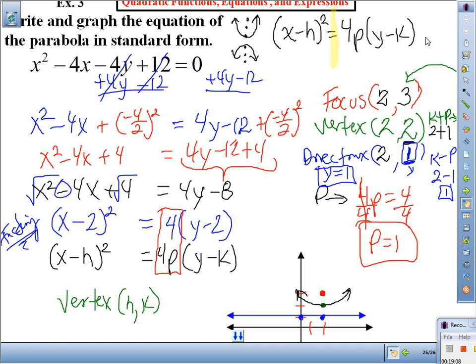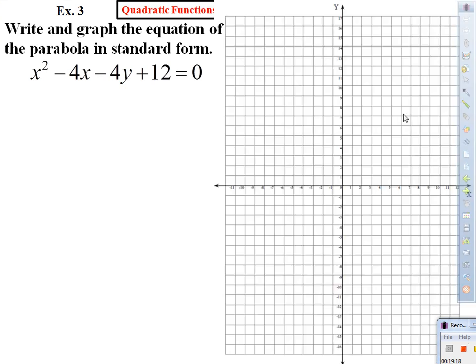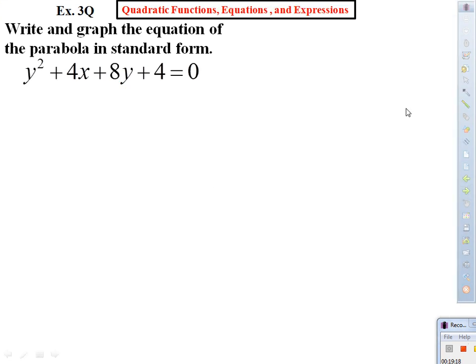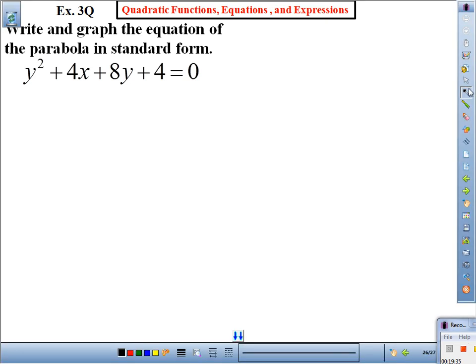We're going to do this next one together. Okay? Here we go. Example 3Q. Y squared plus 4x plus 8y plus 4 equals 0. All right. So what is the first question that we asked?